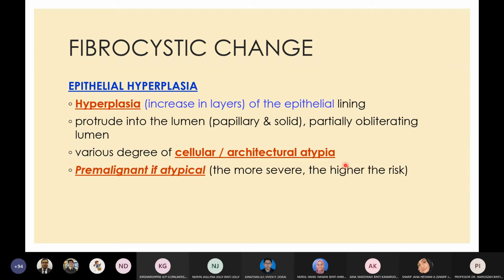Those reports that say there's atypical cellular appearance, you really have to take note, because these cases represent the pre-malignant group. So you have to treat this more aggressively, like total resection of the mass and further follow-up, and doing all other investigations like mammogram, to detect whether in that particular breast there are any other changes nearby. Is there a cancerous lesion, right?